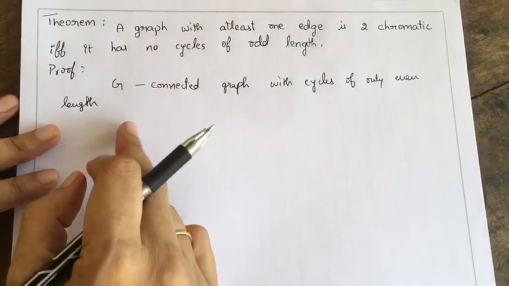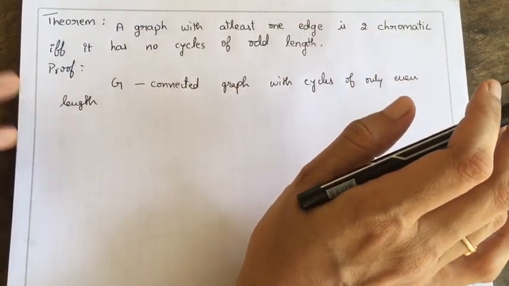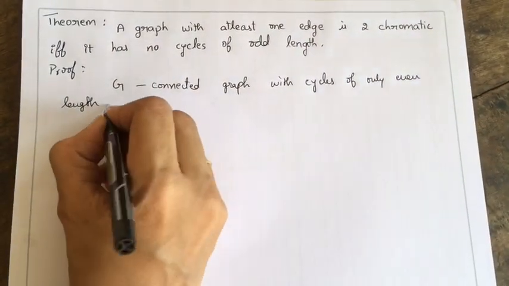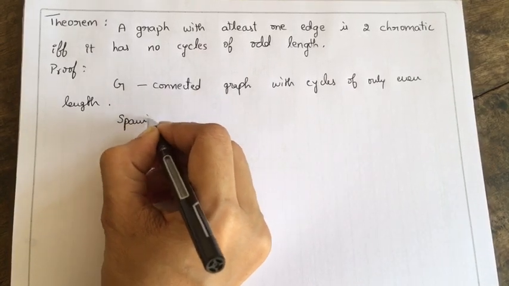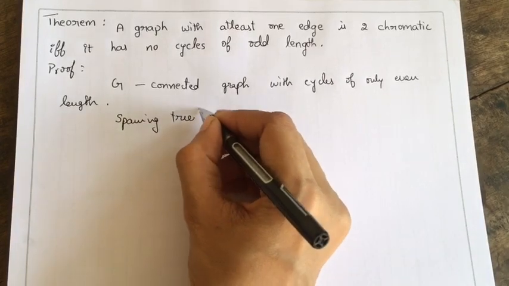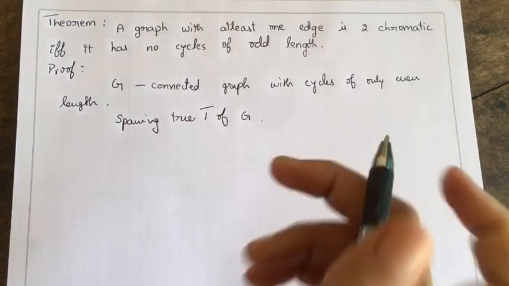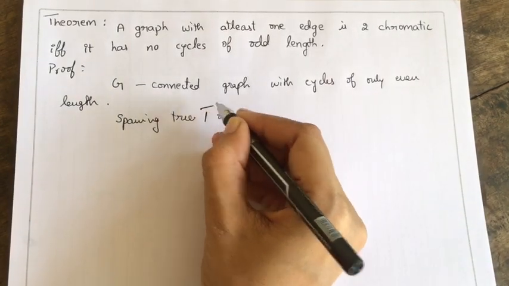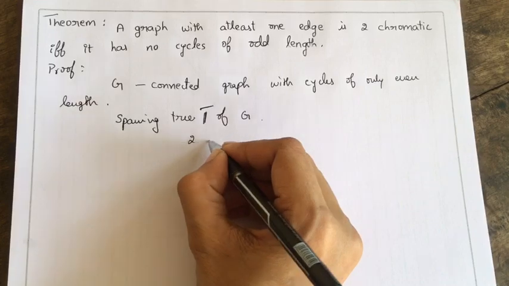Okay, let me take the second part first, then I have to show that it is two chromatic. Now consider a spanning tree T of G. Since it's a tree, I can properly color it with two colors.